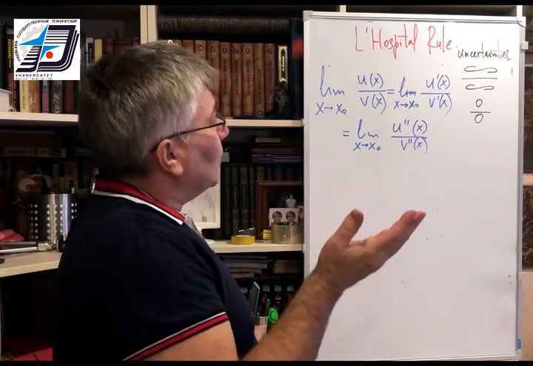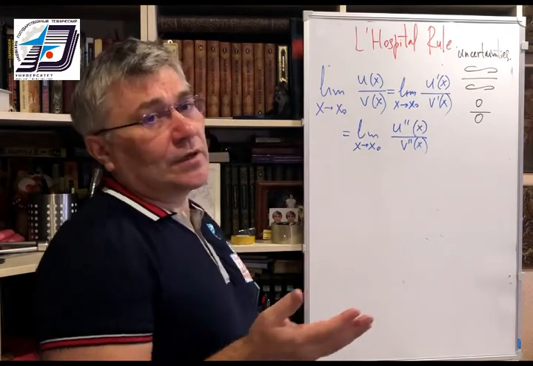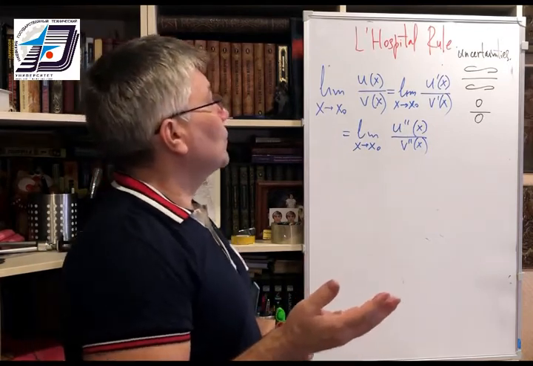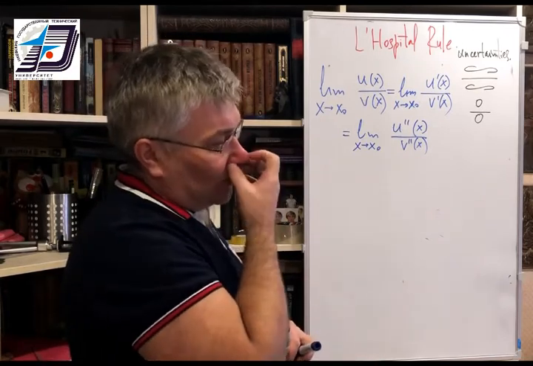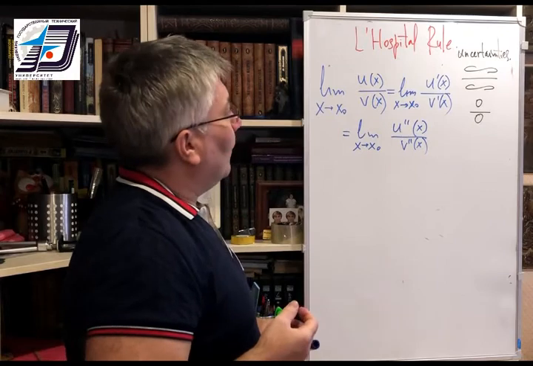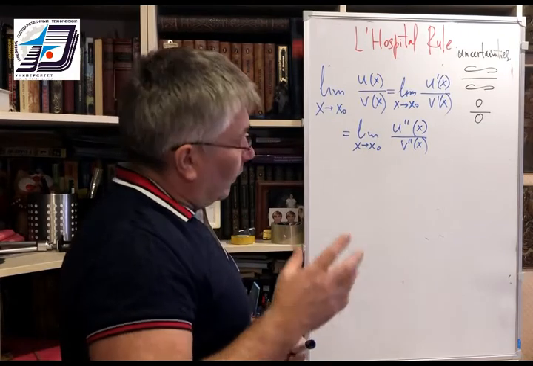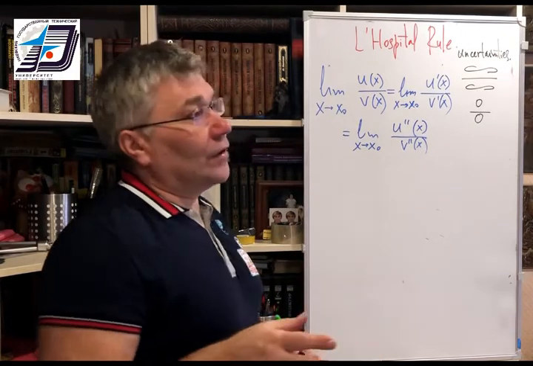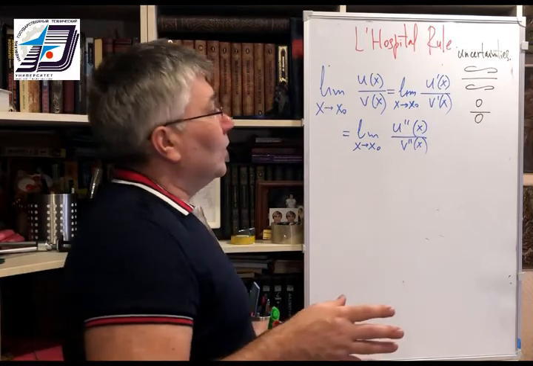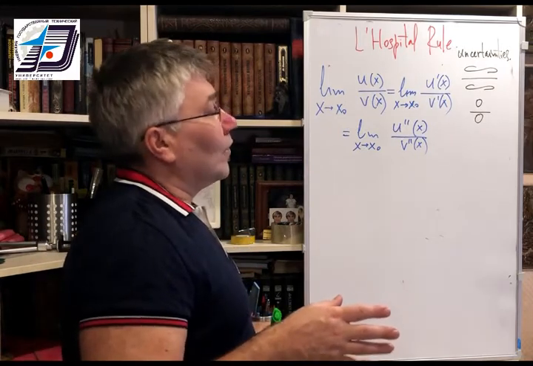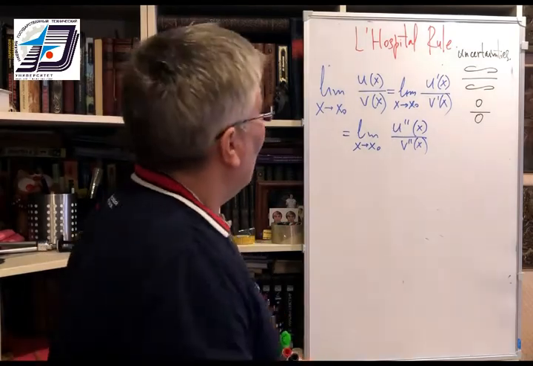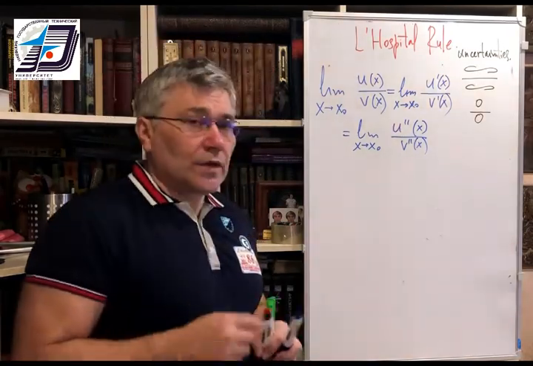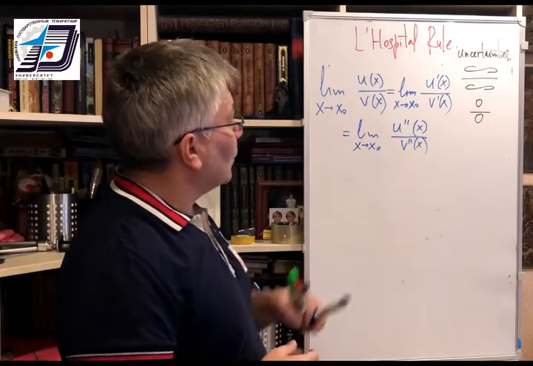It's clear that u of x and v of x have to satisfy the conditions: they have to be continuous and able to be differentiated.